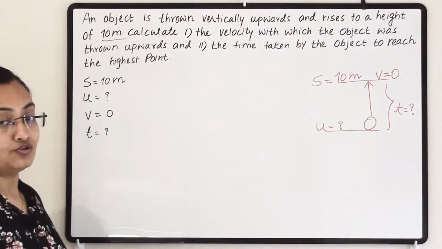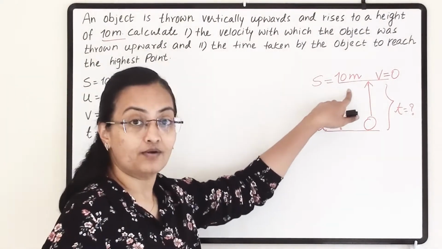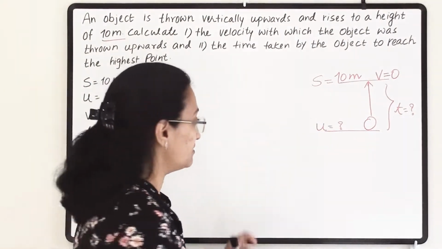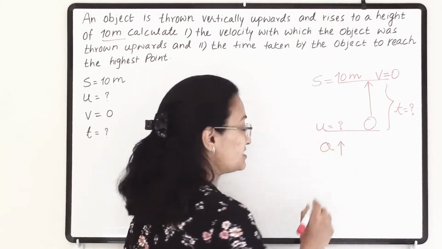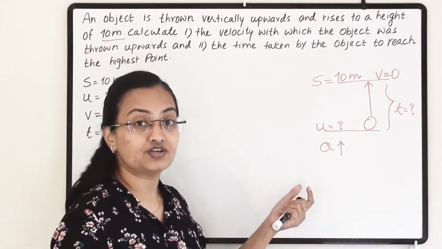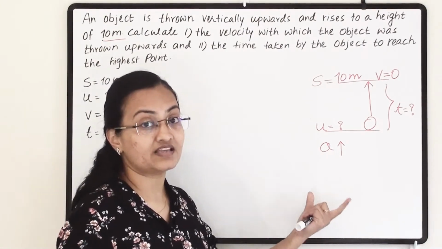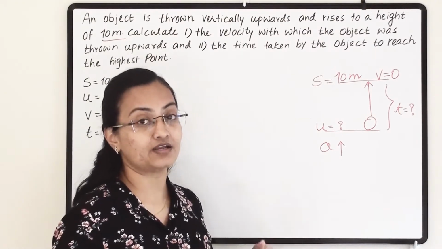Now here we need to think about acceleration, that when the object is traveling upward, there will be a certain acceleration associated with it. So here this acceleration we are considering as due to gravity, and this is in the opposite direction of the gravity.